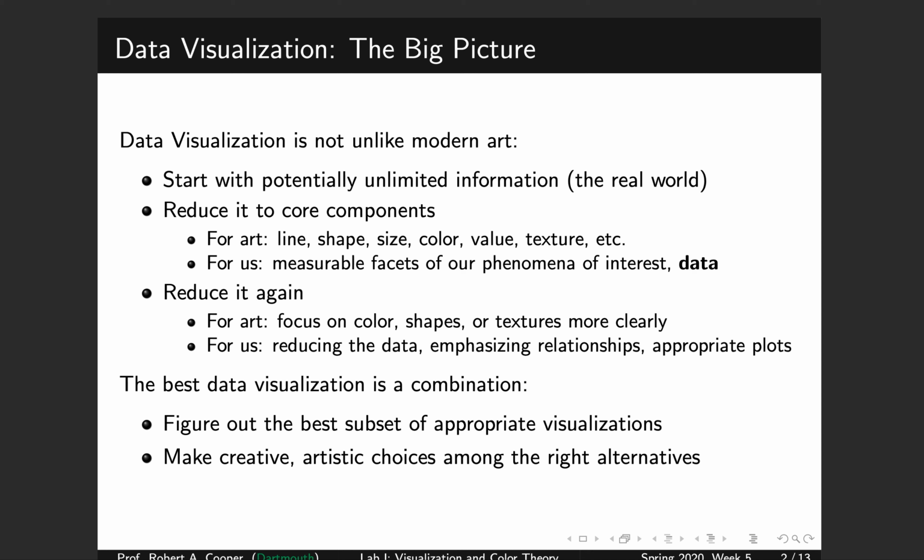What we're really doing with visualization is we are starting with unlimited, multi-dimensional information about the real world, and then we are simplifying it and reducing it to some core components. For data visualization, we are further reducing it to line, shape, size, physical features on a plot that represent something way more complex.